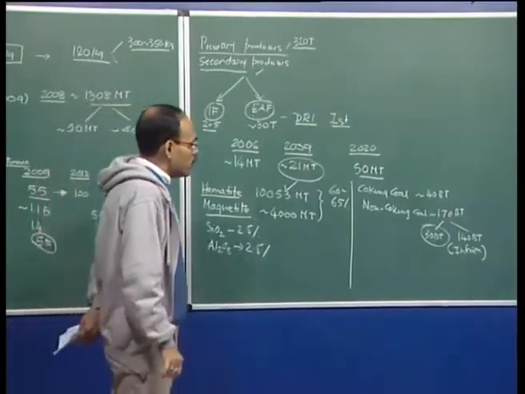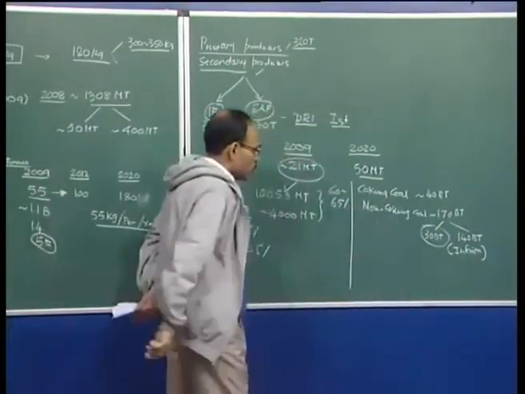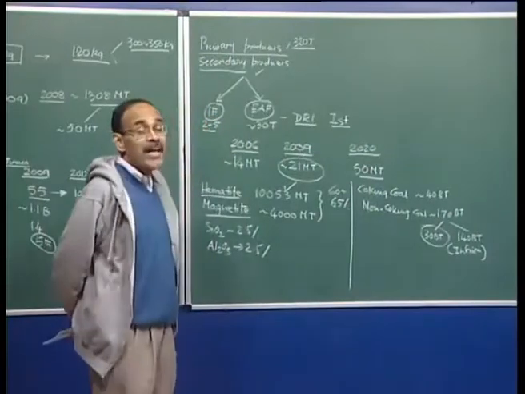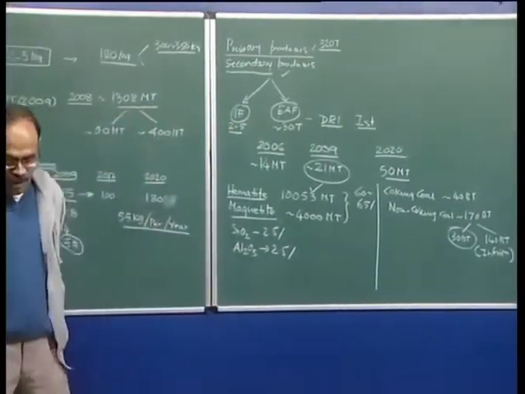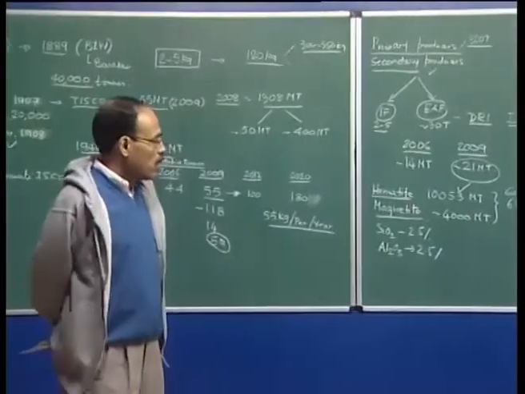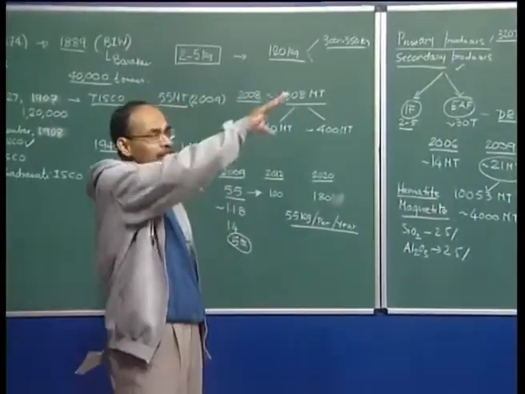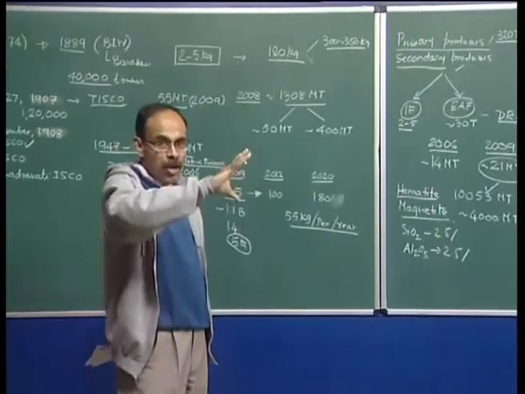Okay, so the problem with Indian coal, both coking and non-coking, is the high ash, and that's why today you see there are a lot of coal washeries. You have plants which are based on the shore, which function on the blending of the coal.